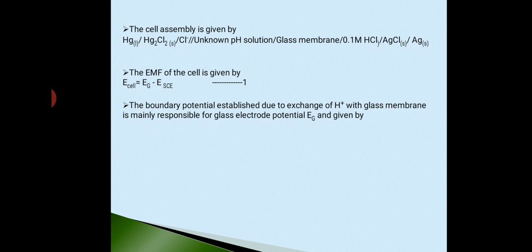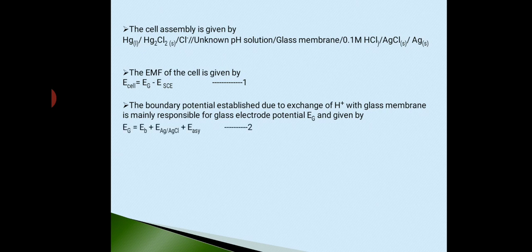We already know that whatever reaction takes place between the glass membrane and the analyte solution is the ion exchange reaction. When that ion exchange reaction takes place, there will be development of one more electrode potential along with our E1 and E2. E1 and E2 combined give the boundary potential. So that boundary potential will also contribute towards Eg.